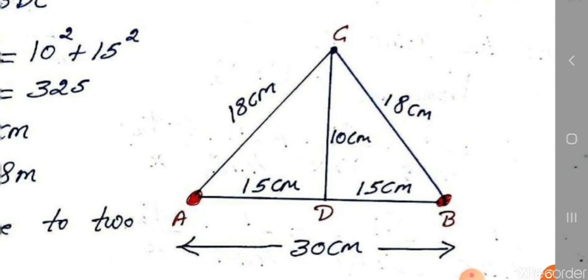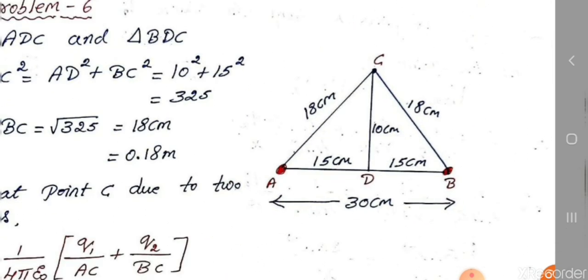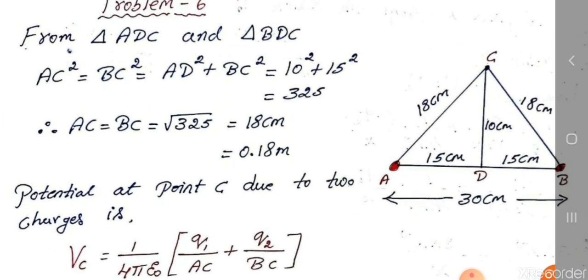By using the right angle triangle concept and the Pythagoras theorem, we can find AC and BC. In triangles ADC and BDC, you get two sides, 15 centimeter and 10 centimeter, and the hypotenuse you can find very easily by this method. So AC or BC is root 325, which is 18 centimeter or 0.18 meter.